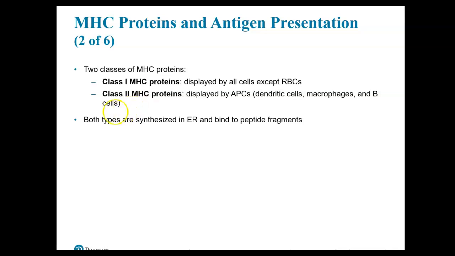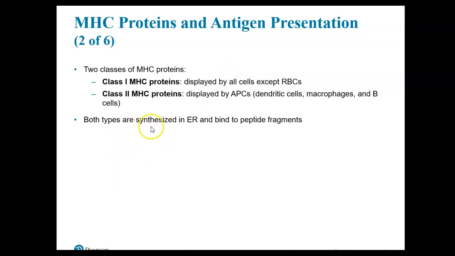And then Class 2 MHC proteins are displayed by cells that have engulfed something and are displaying its antigenic determinant on their surface. So Class 2 MHC proteins are displayed by only antigen presenting cells. Okay? So a Class 1 MHC protein is displayed by any cell that has a nucleus in it.